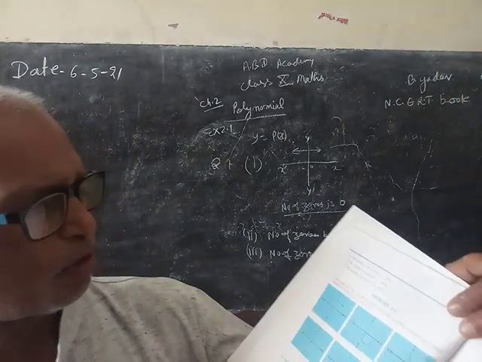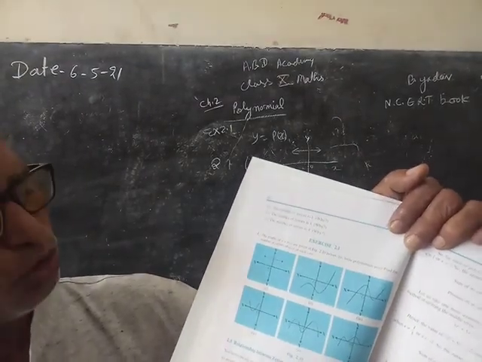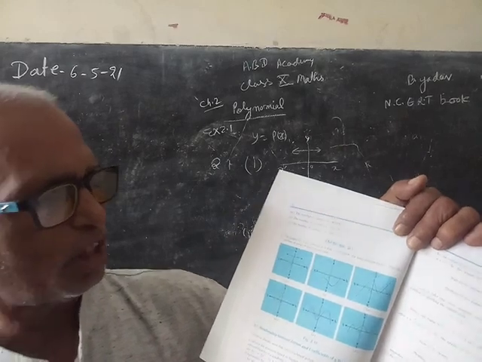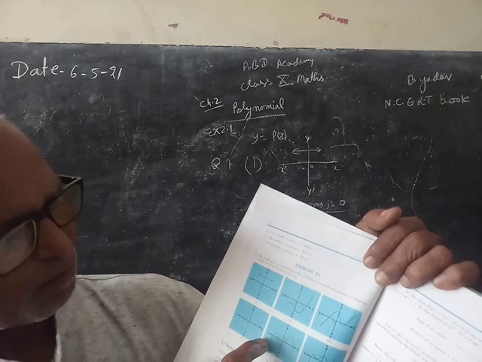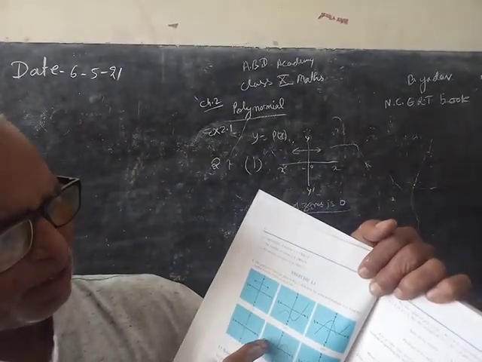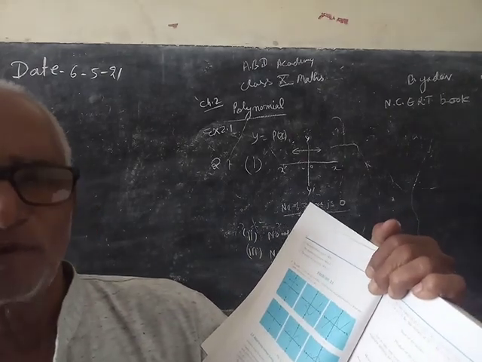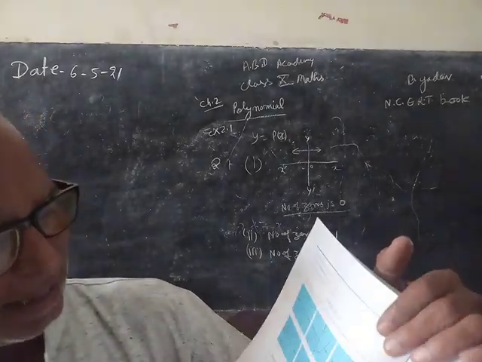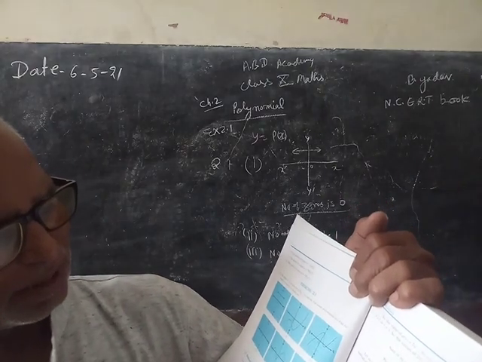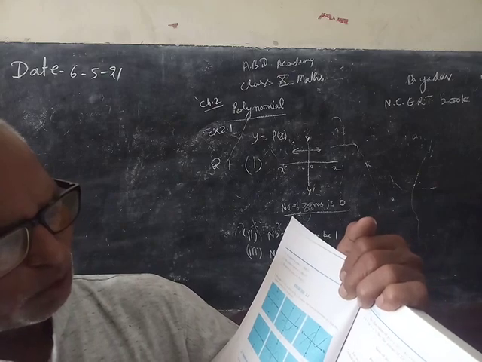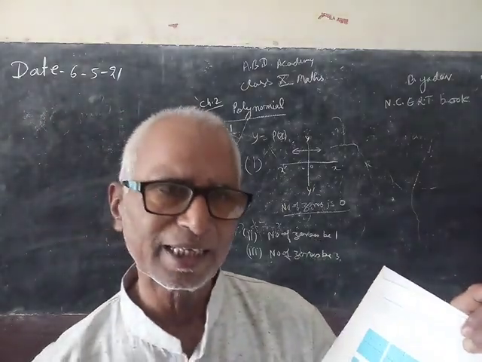In part 4, because the graph cuts the x-axis at 2 points, the number of zeros is 2. In fifth part, the graph cuts the x-axis at 1, 2, 3, 4 points, so the number of zeros will be 4. And in the last, sixth part, the graph cuts the x-axis at 1, 2, 3 points, therefore the number of zeros will be 3.